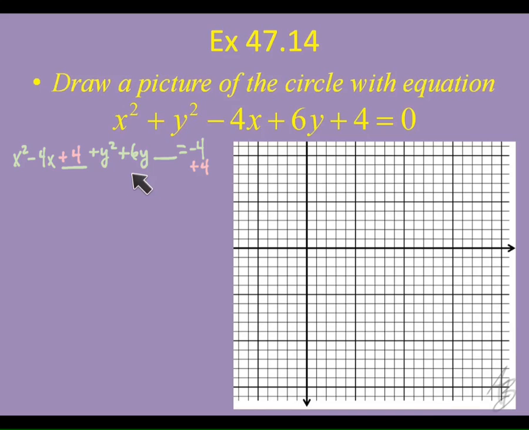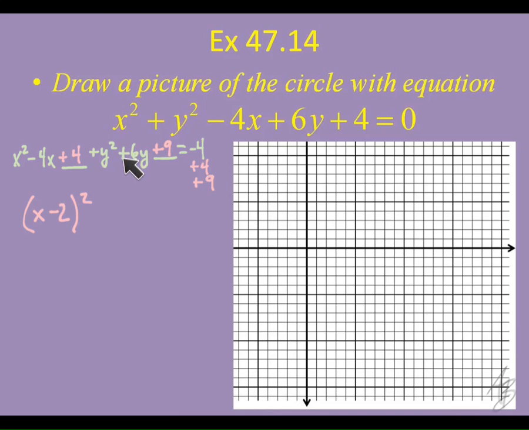Now the same thing with the y's. What's half of 6? 3. And square it? So we're going to add 9 to both sides. And when we do that, what are we going to get here when we factor this? It's going to be minus 2, so it's going to be x minus 2 squared.